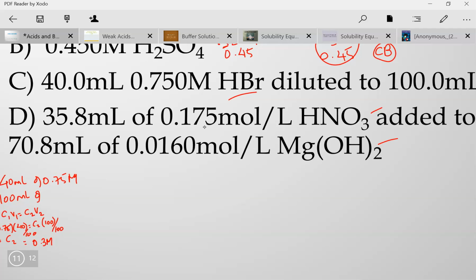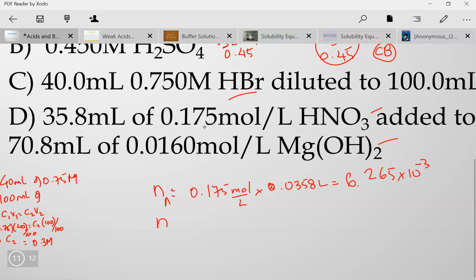Here we have to do a couple of calculations. We first have to find the number of moles of acid that we're reacting. So we can do 0.175 moles per liter times 0.0358 liters, because we want units to be the same, and that gives 6.265 times 10 to the power negative 3.